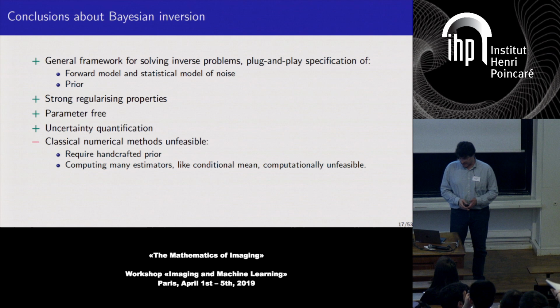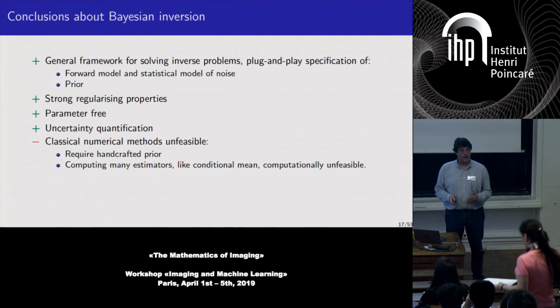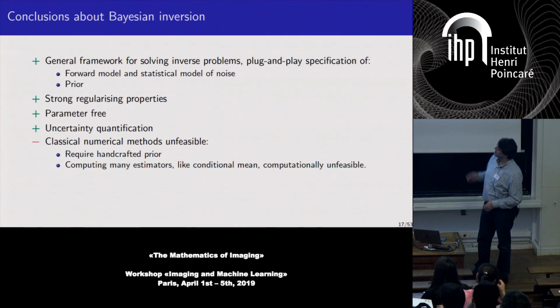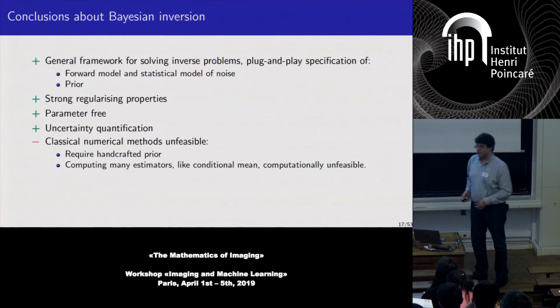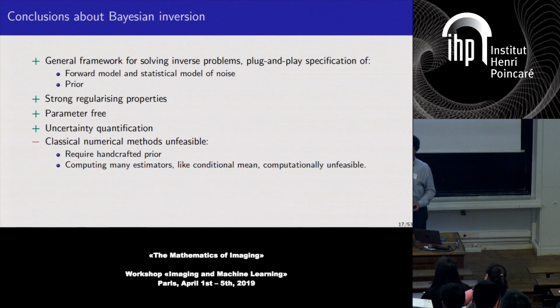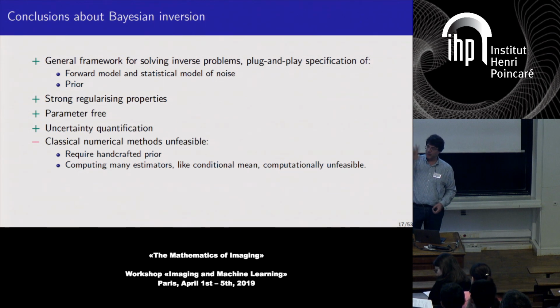So many estimators, typically the conditional mean, are still difficult to compute with these classical methods. And you usually require some kind of handcrafted prior. So if you combine the two desires, that I don't want to handcraft a prior, ideally I want to derive it from example data, that's where I'm going to get to, of course, and I also want a computationally feasible manner for computing, typically, a mean, then this combination is, of course, quite challenging.